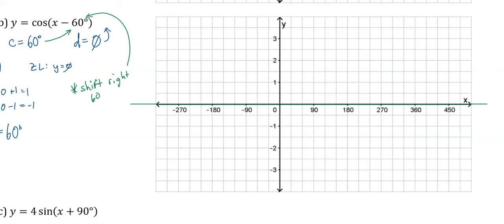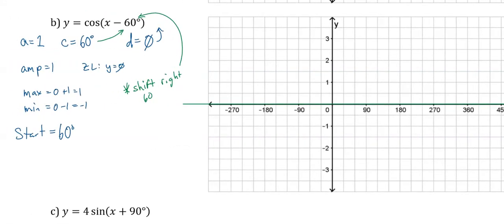Okay, take a look. Watch if you want. It's cosine. Amplitude is not changed. Zero line's not changed. So I start at the max, which is 1, but I go over 60. So these are counting by 30s because it goes 30, 60, 90. So the second line here is 60. So I go to 60 and I put my point for cosine at the maximum. Then I count 3 squares and I just know that cosine goes to the 0 line. 3 squares, cosine goes to the minimum. 3 squares back to the 0 line. 3 squares back to the maximum.